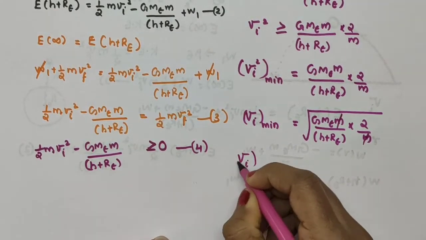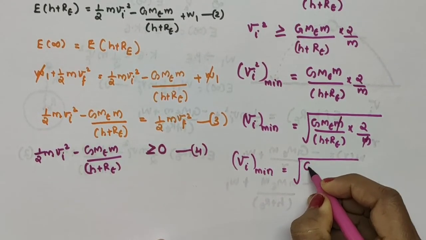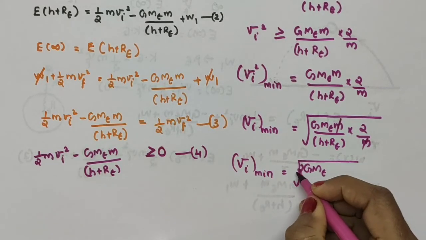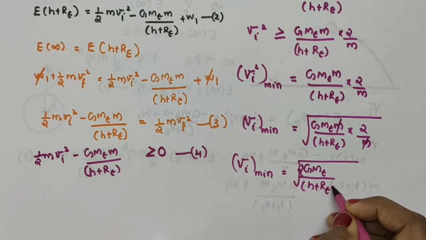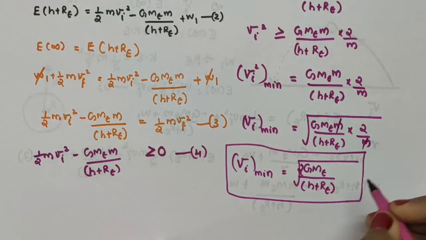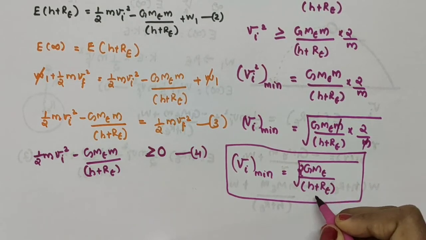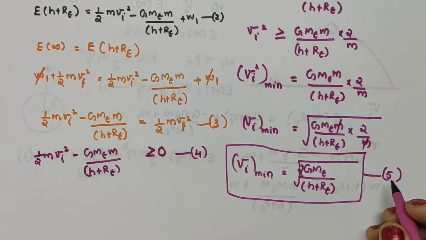So we can write vi minimum is equal to square root of 2 GME divided by H plus RE. Okay, so we got the minimum value of that initial velocity as square root of 2 GME divided by H plus RE. I am taking this as equation number 5.